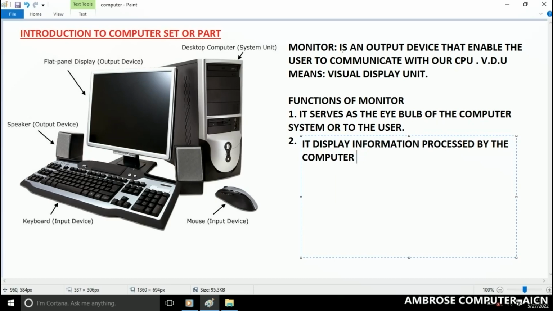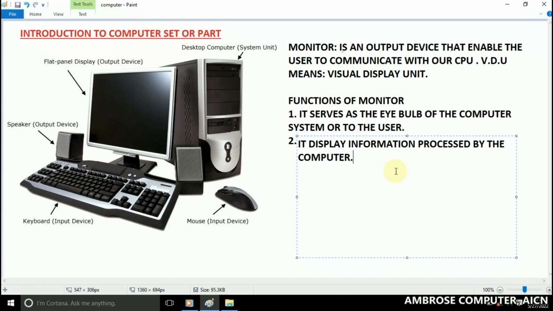Every piece of information that is being processed in this computer, it is the responsibility of this monitor to display it for us. Remember I told you that whenever things are wrong within the computer system, it is the responsibility of this monitor to show us. Are you getting me now?